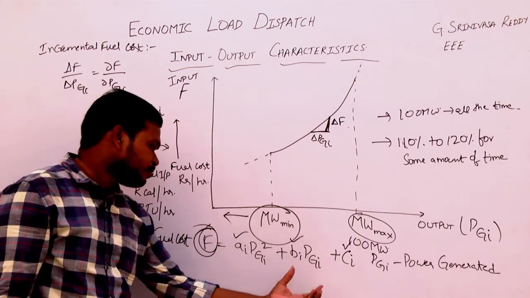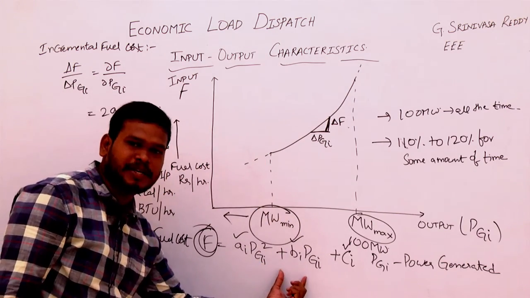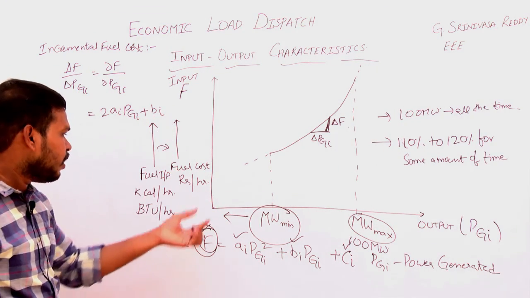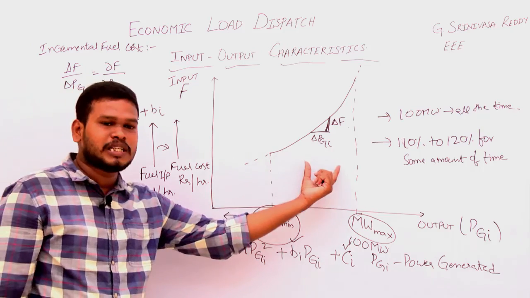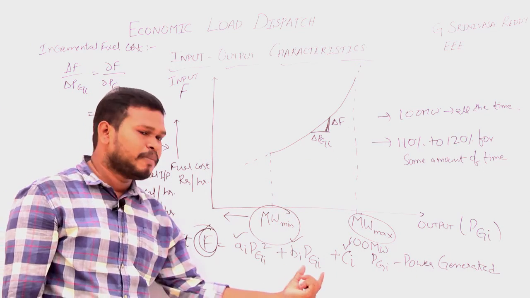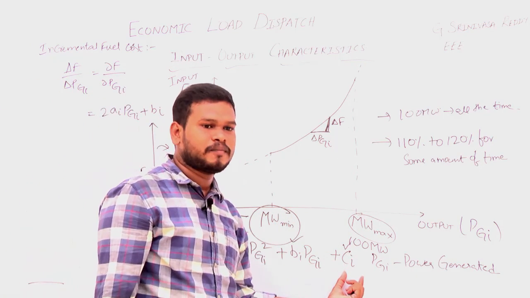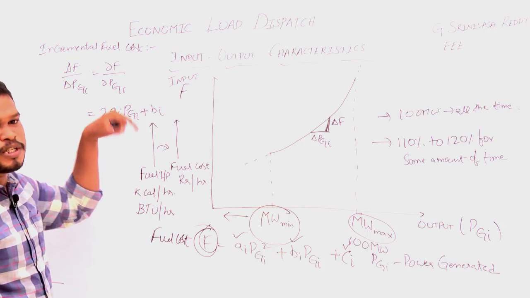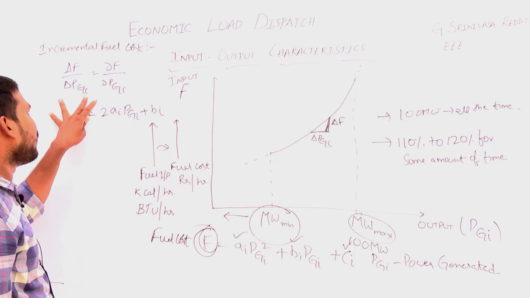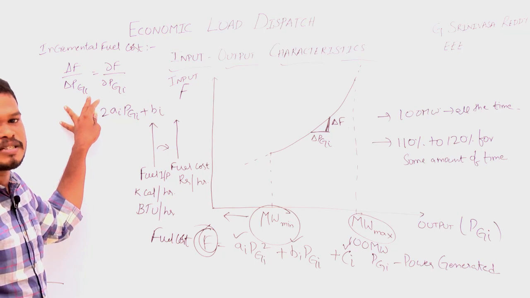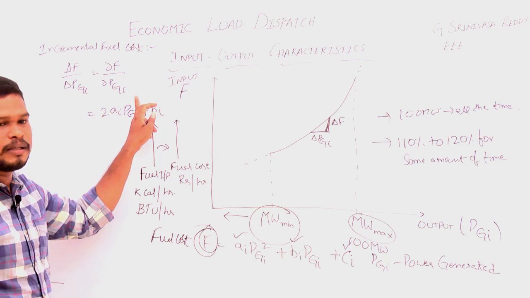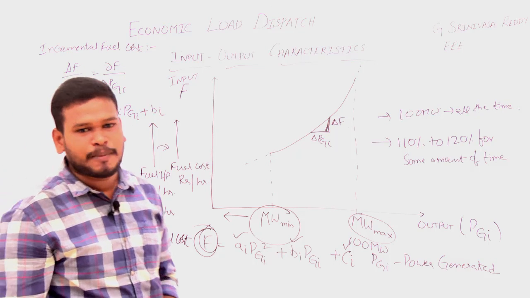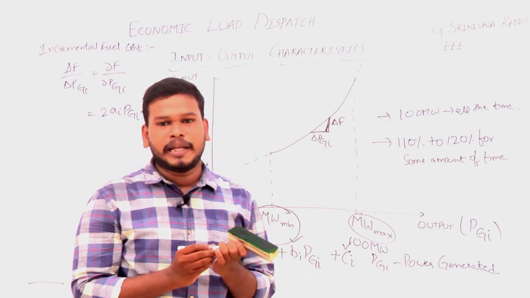If you approximate it to a third order equation, then the incremental fuel cost will be second order. So here there is an approximation of this curve as AI PGI square plus BI PGI plus CI, and the incremental fuel cost, for a small input change in fuel, is how much the power generated changes, that is delta F by delta PGI, which is 2AI PGI plus BI. So this is about the incremental fuel cost.